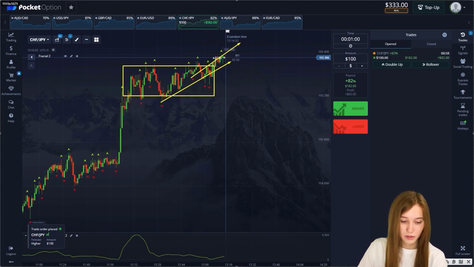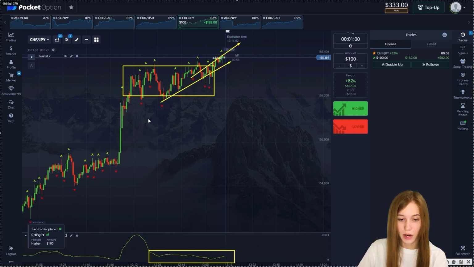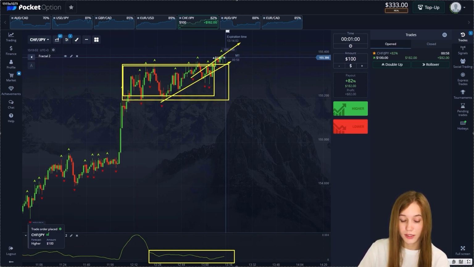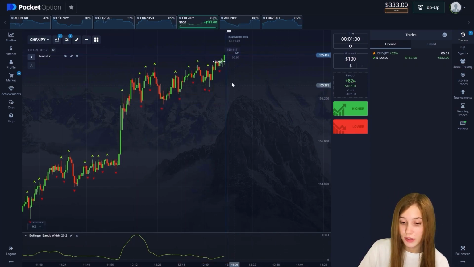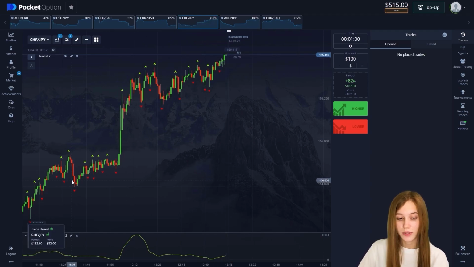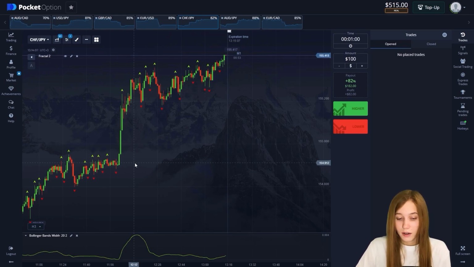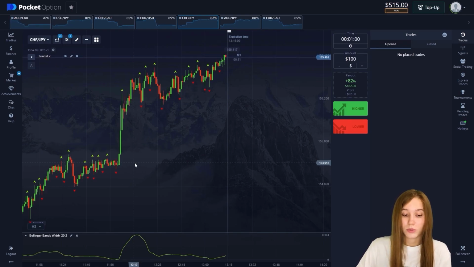So what we see, our intensity is low. It's demonstrating our consolidation at the moment. Let's look at the chart. We see that growth is happening. As I said, the deal was plus $82, our profit.